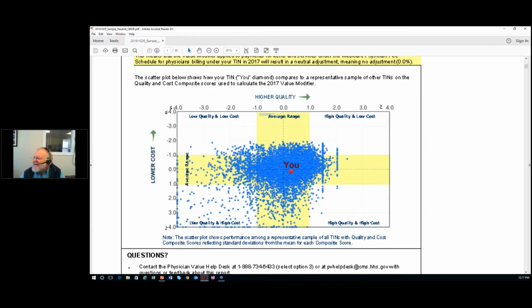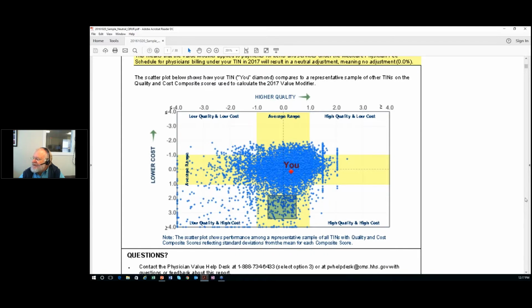In this space, we've gained 2% for low cost, but we're average for quality, so we gain 2. We gain 4 in this box. We gain 2 in this box. And then down here, we lose 2 in this box, or lose 4 in this box, lose 2 here, and lose 2 here. So graphically, it puts us right near the center, which is good. No loss, no gain.